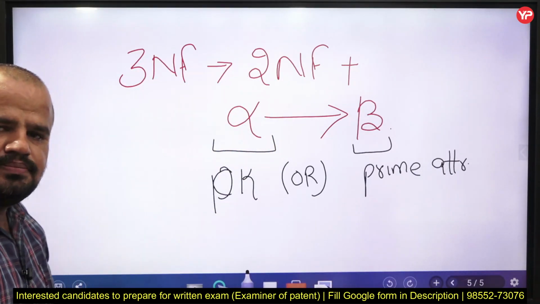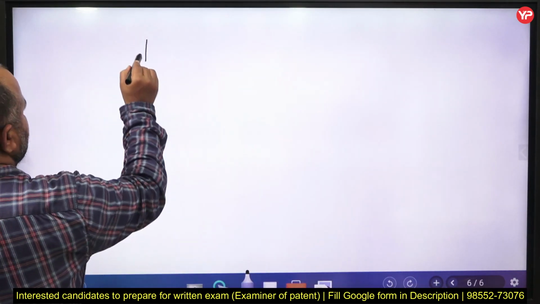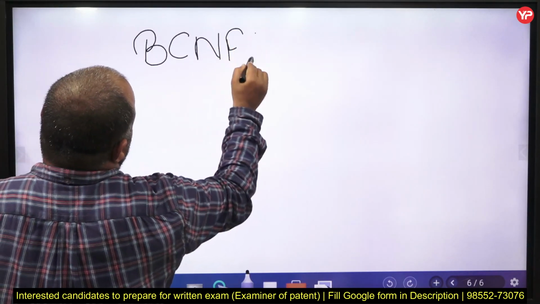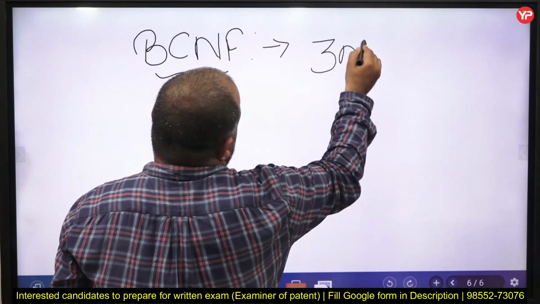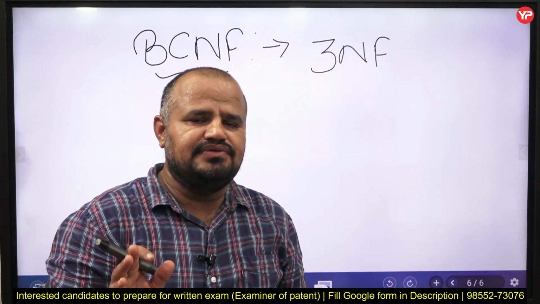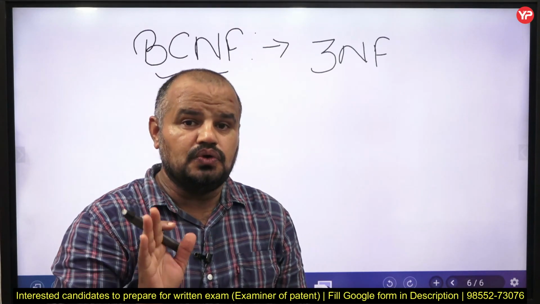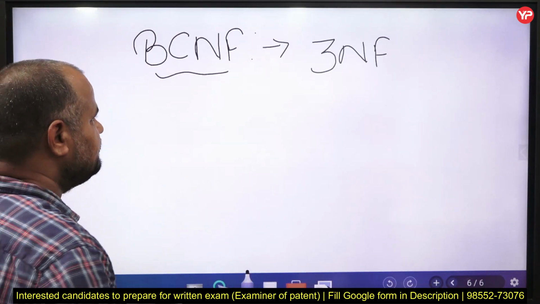Fine, my dear students. Now the next term is BCNF. What does BCNF say? It says that first of all my relation is in 3NF. It means my relation contains no multivalued attribute, plus no partial dependency, plus no transitive dependency.